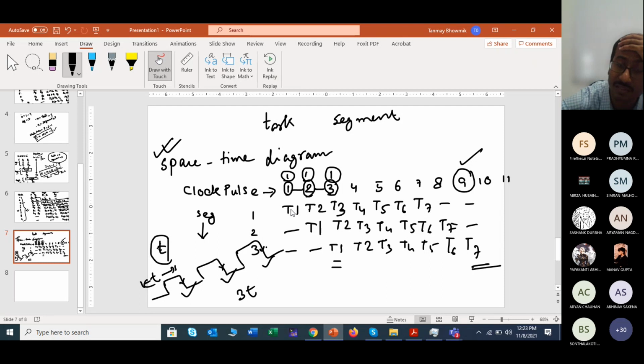That means for the first task you need 3t amount of time separately, because this is t amount of time, this is t, and this is t. Understood how 3t is coming? Here you are only writing the pulse number, so if one pulse has t duration, then 3 pulses will have 3t duration.